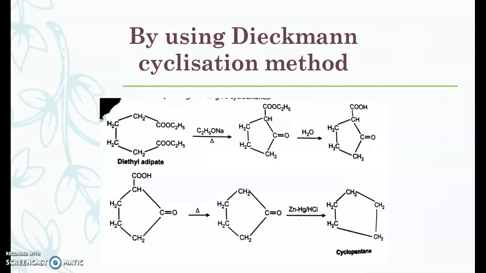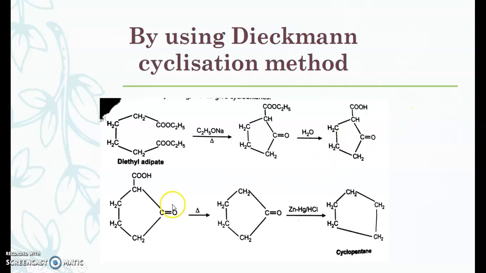Now we will see the reaction. Here we are taking the example of diethyl adipate as an ester of a dicarboxylic acid. This ester, on heating with sodium ethoxide, is first converted into the cyclic beta keto ester. On hydrolysis, it is converted into the beta keto carboxylic acid.